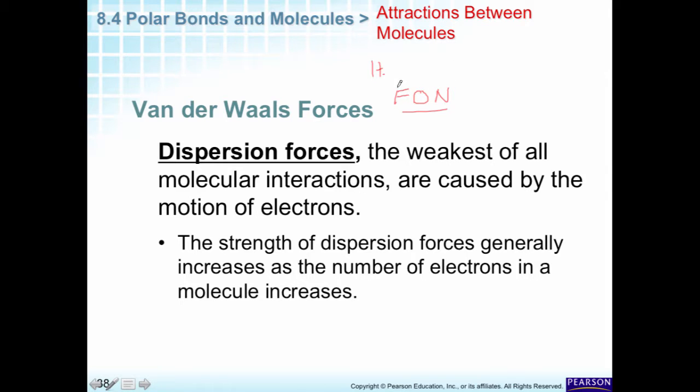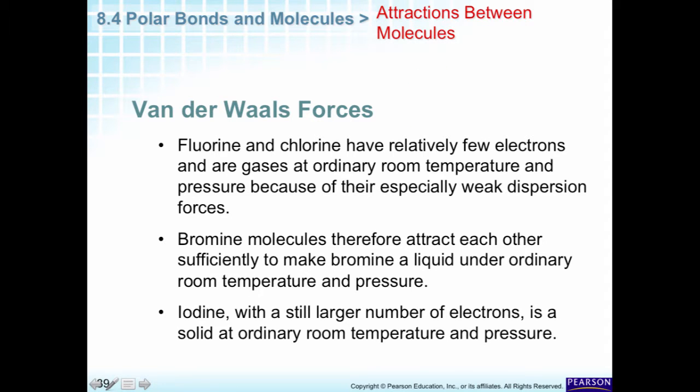So I say hydrogen bonds, if you remember ET, phone, home. Hydrogen bonds only exist when hydrogen is bonded with fluorine, oxygen, or nitrogen. And again, the number of electrons will increase the strength of the hydrogen bonds.